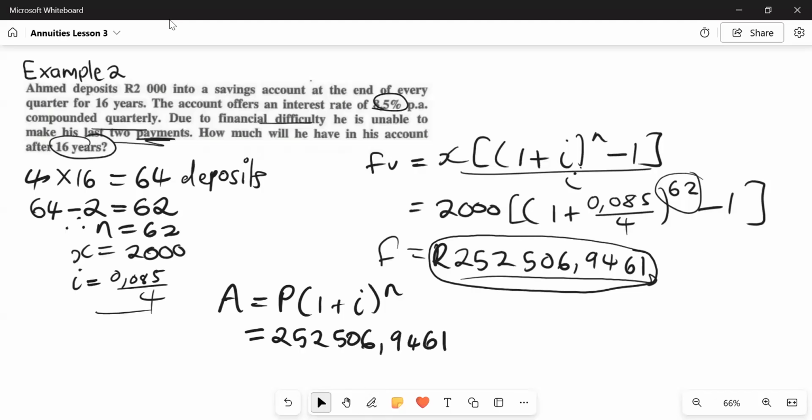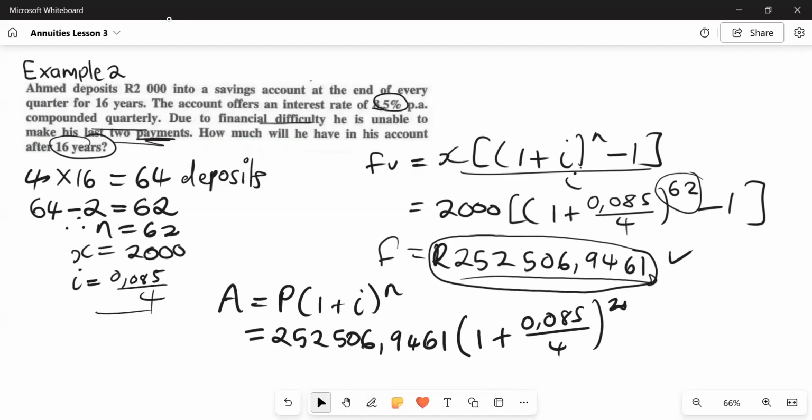Another thing, guys, after getting your answer, please do not round off. Do not round off anything. So 1 plus, still use the same interest, but now for the last two payments.